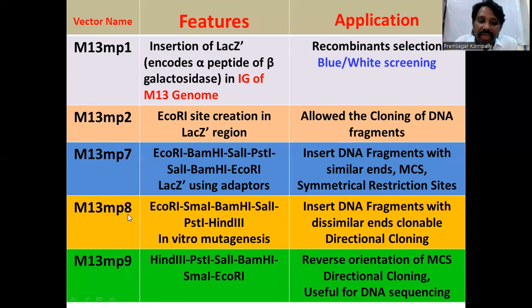And M13mp8 and M13mp9 both are useful for the sequencing of a cloned fragment. When you clone in mp8 and the same clone is cloned in the mp9, then you can sequence from both ends and you can view the complete sequence of that insert. So this is all about the M13mp7 and other M13 vectors and their application.